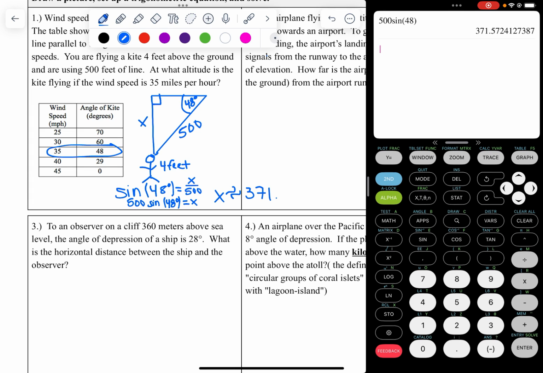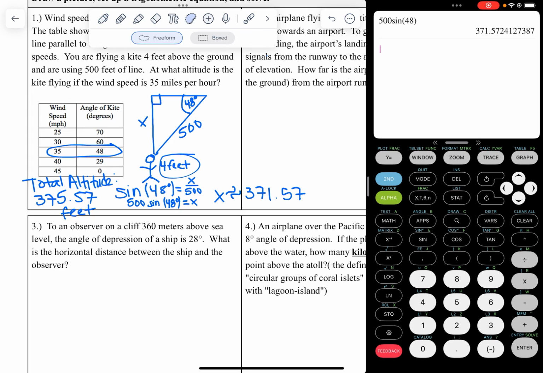But then we also have to add on our 4 feet. So total altitude, if we add 4 to that, we will get 375.57 feet high. So that's how high the kite would be.